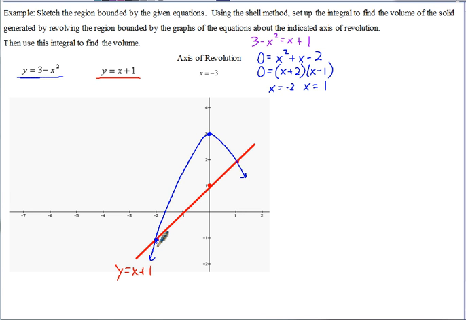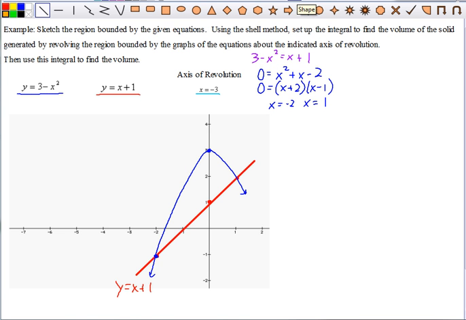Okay, so again, we just need a rough sketch of the graph. But this time, notice our axis of revolution is x = -3. So I'll draw that, this is not the y-axis, as a dotted line over here at -3, so it doesn't confuse what the enclosed region is.